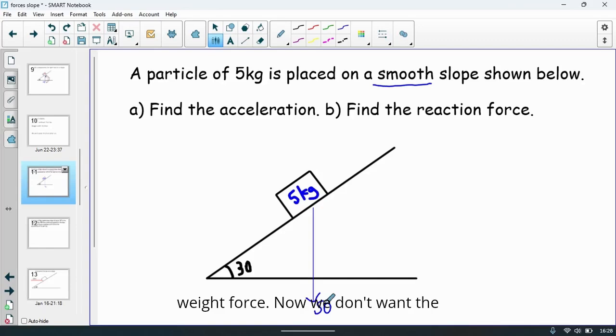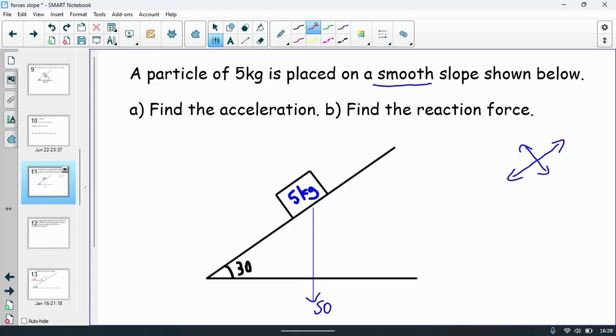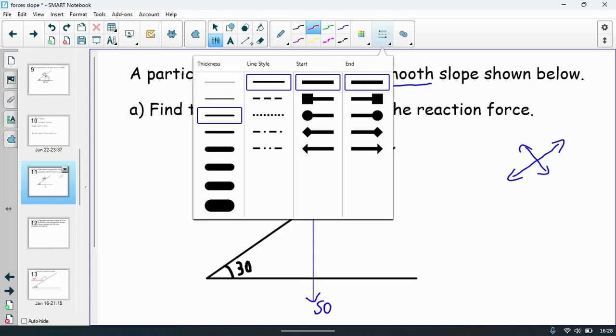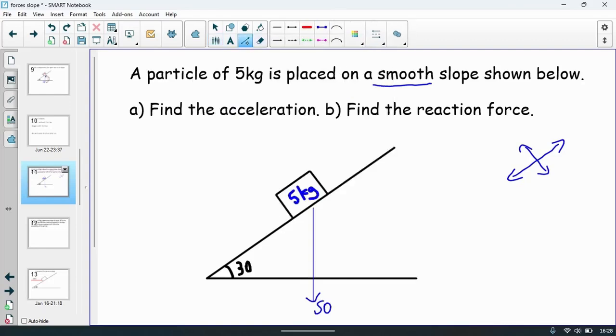Now, we don't want the vertical. We want all forces to be in either this direction or this direction, right? So we need to convert the weight into our two direction forces. So let's use a straight line.